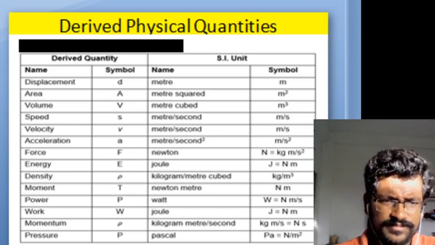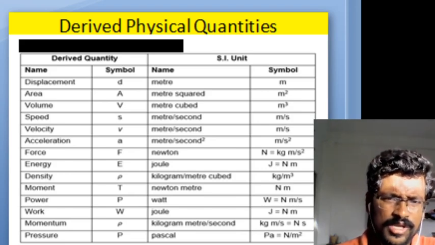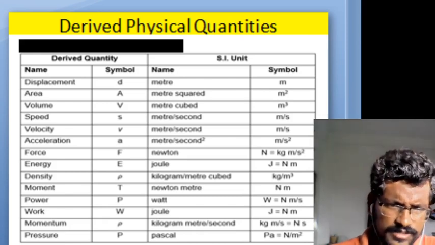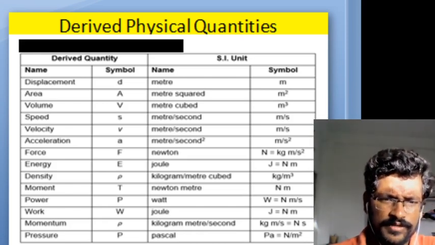The CGS units of work is 10 power 5 into dyne centimeter.